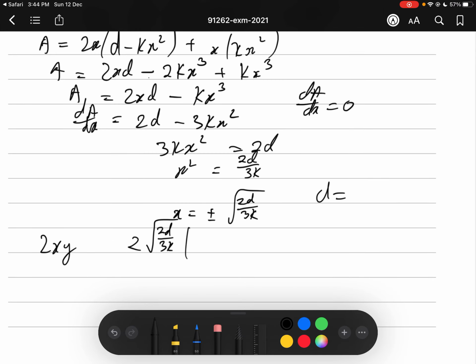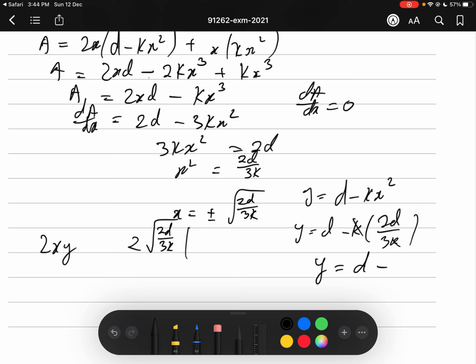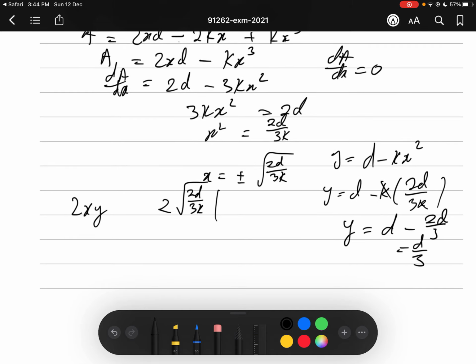So y equals d minus k times 2d over 3k. So k and k cancel each other out. So y equals d minus 2d over 3, which is just d over 3. So the area of the rectangle is equal to 2 times d over 3 times the square root of 2d over 3k.